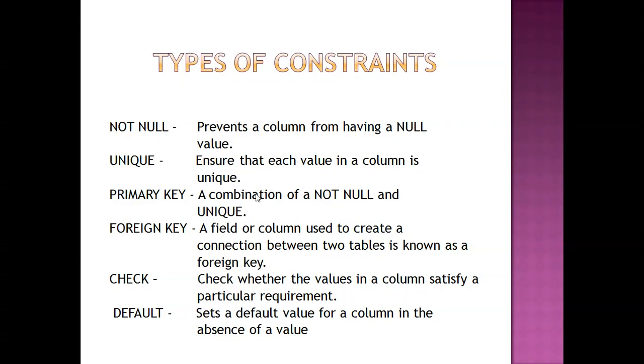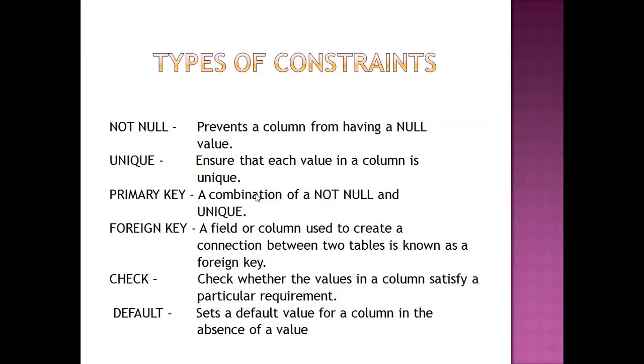Both conditions apply here. Fourth is FOREIGN KEY. Foreign key means a connection between two tables, right? We will see it in depth. For now, just focus on this: it creates a connection between two tables, so I can use data from one table in another table with the help of this foreign key. Then CHECK, which checks whether the values in a column satisfy a condition or not.